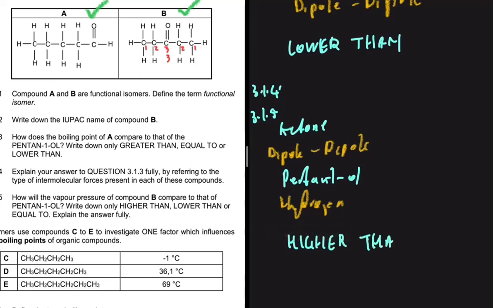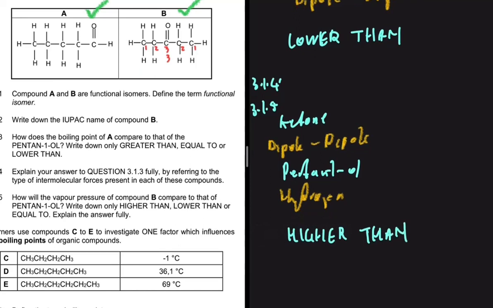What you have to understand is that the weaker the intermolecular forces, the higher the vapor pressure. So between compound B, our ketone, and pentan-1-ol, pentan-1-ol has stronger intermolecular forces. So it will require more energy to overcome the intermolecular forces.